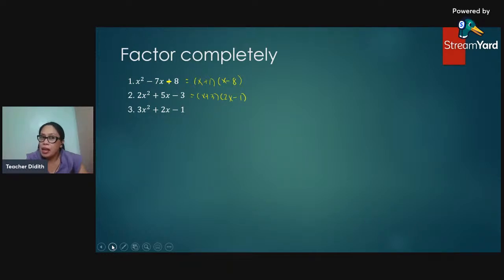Okay, and that's correct, guys. Number 3. So we have quantity 3x minus 1 and x plus 1. Okay, another. Okay. Thank you for answering, guys.